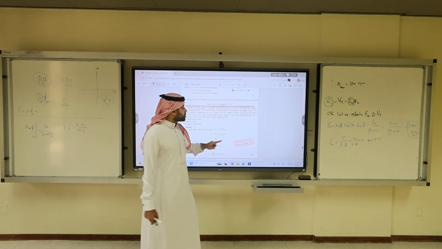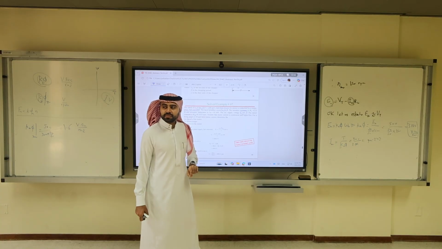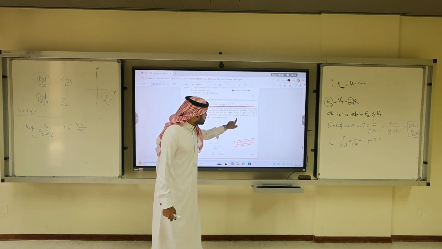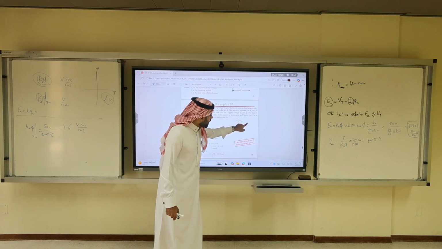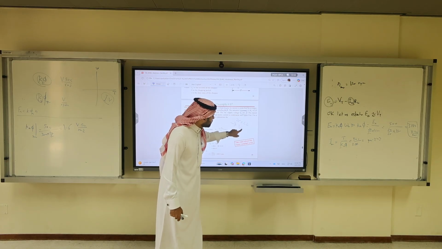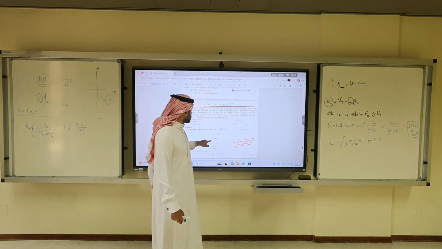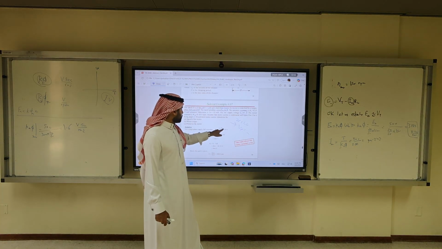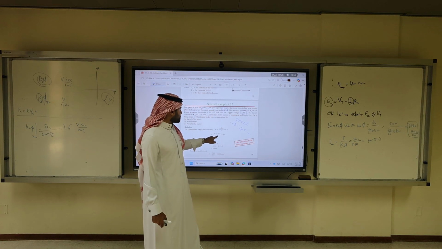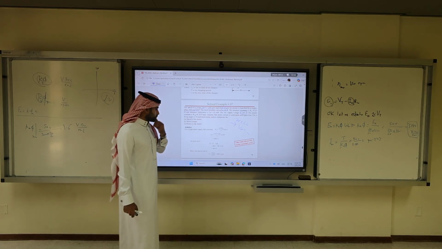So is this line to line? Yes. So convert 265 from line to line to V phase. What is V phase? Divide by square root of 2. So what is VP? Divide by square root of 3.